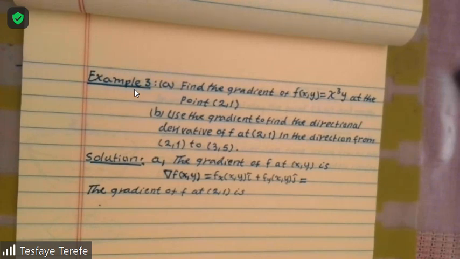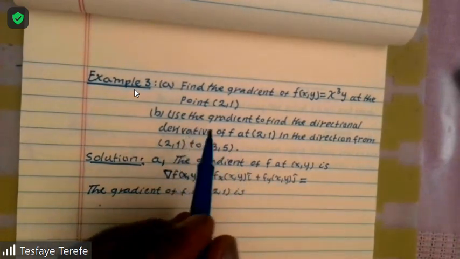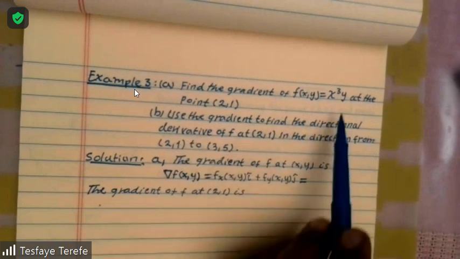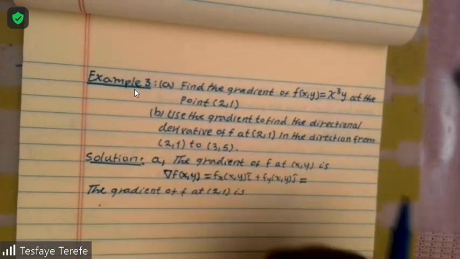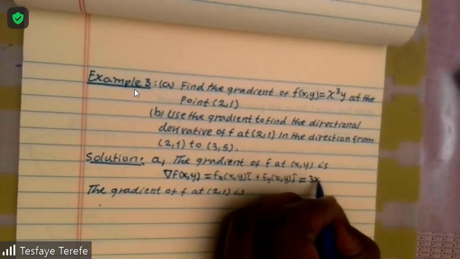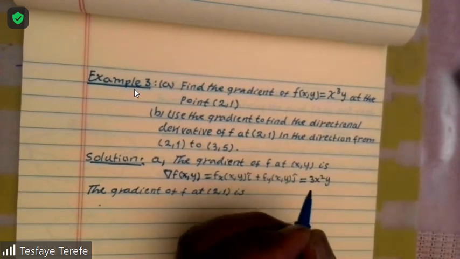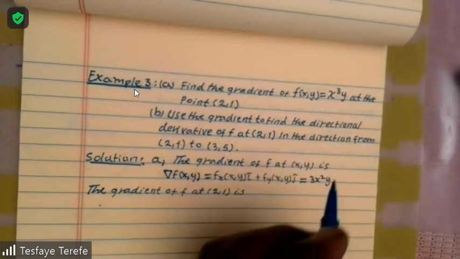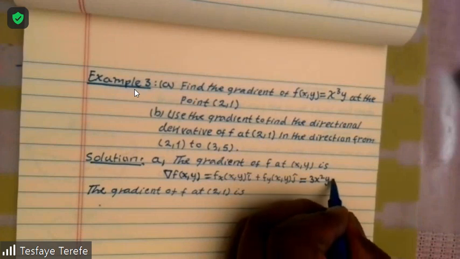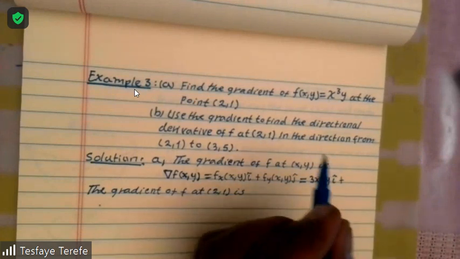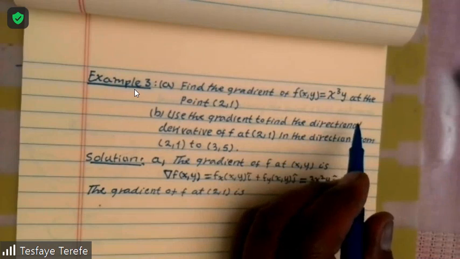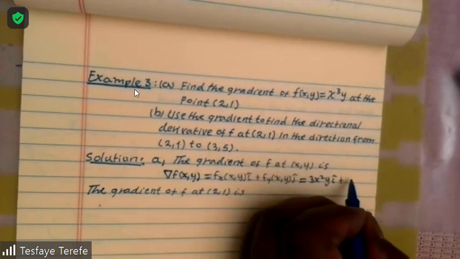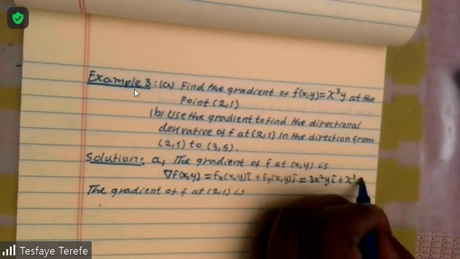Okay, let us do this one quickly and then move on. When you differentiate this one with respect to x, it will give you 3x squared, and y is the coefficient, and this is i. And plus, let us differentiate with respect to y, and x cubed is the coefficient, and that is j.